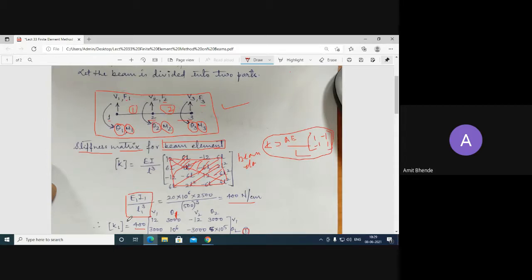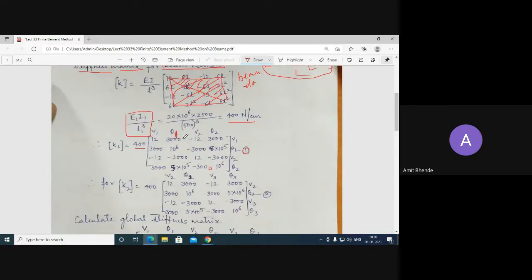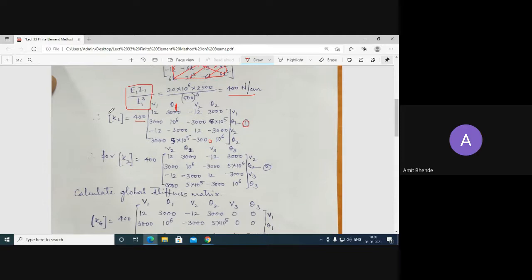Since this is the element stiffness matrix of first element, and the first element is made up of two nodes, node number 1 and 2, that is why the row number and column number will be V1, θ1 and V2, θ2. So give the row number and column number to this matrix. Okay, so our element stiffness matrix for the first member is ready.